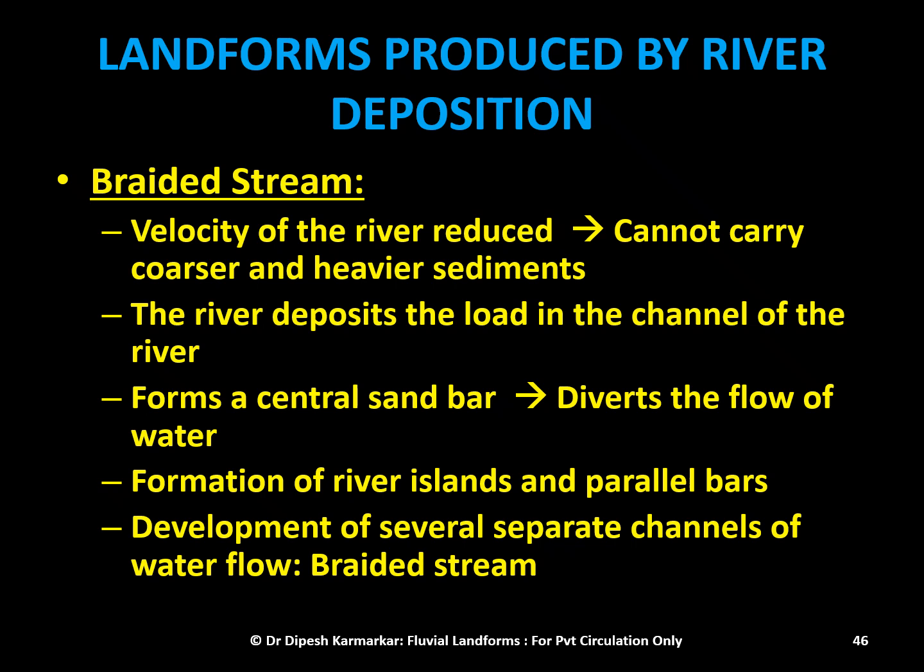This forms a central sandbar that diverts the flow of water, creating river islands and several separate channels, giving the streams its braided appearance. So the river does not flow as a single channel of water, but it flows in multiple channels because of the obstruction created by the deposited sediments.